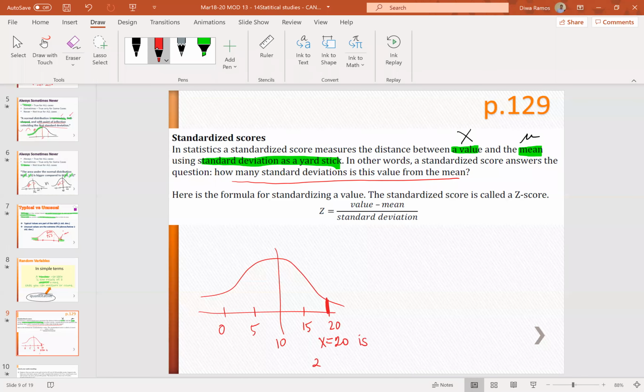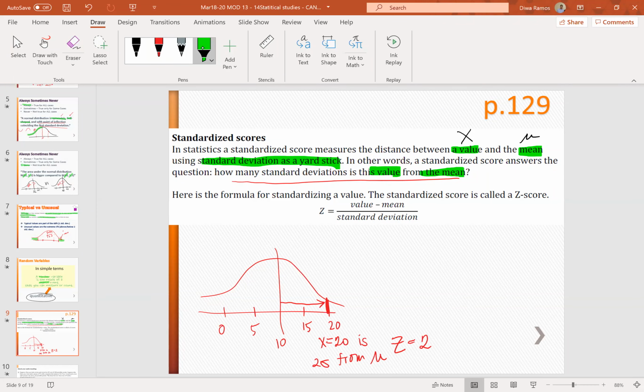That is two standard deviations, two sigmas from mu. So the z there is 2, because the z tells you how far the value is from the center, the mean.